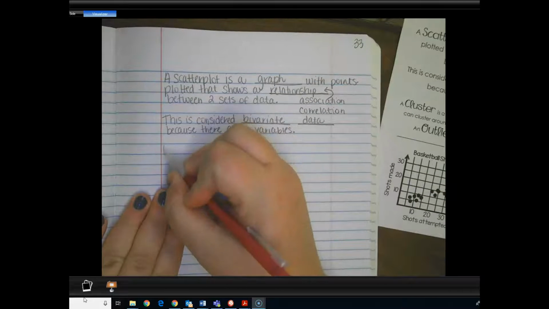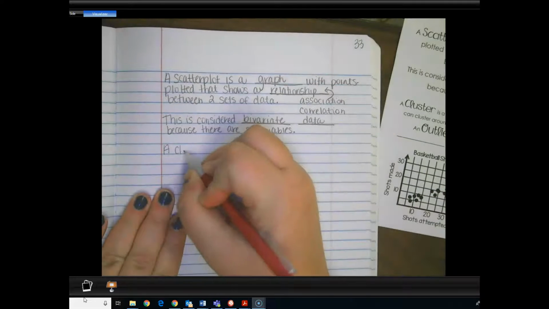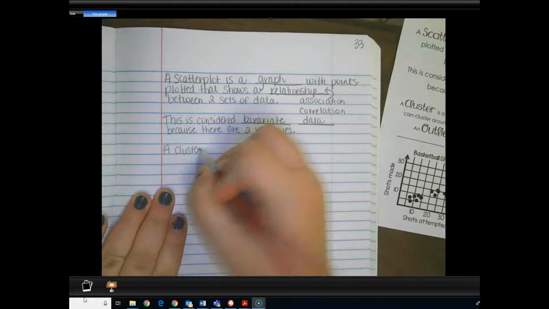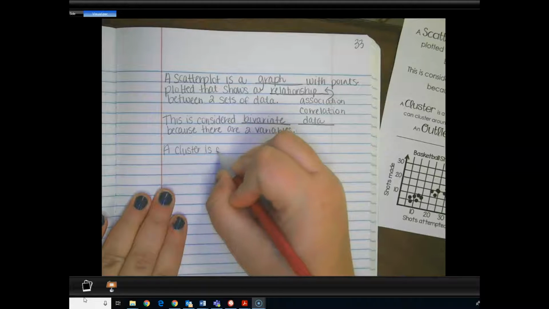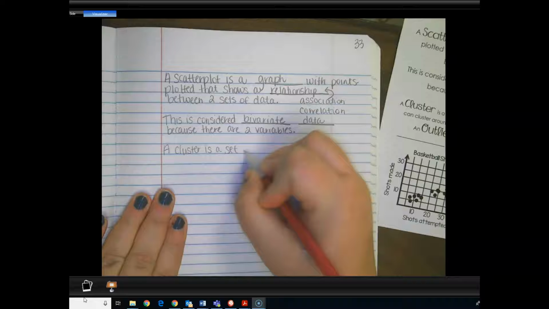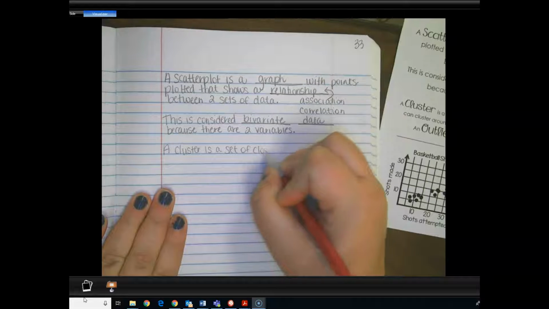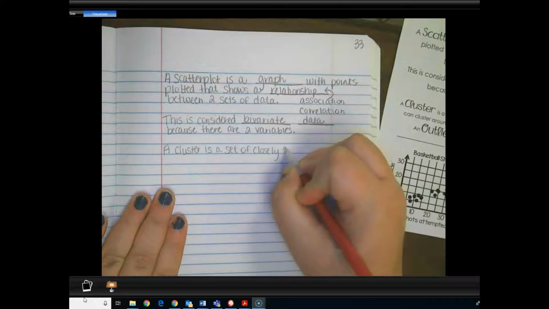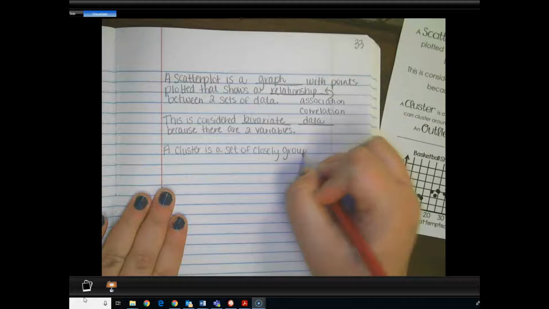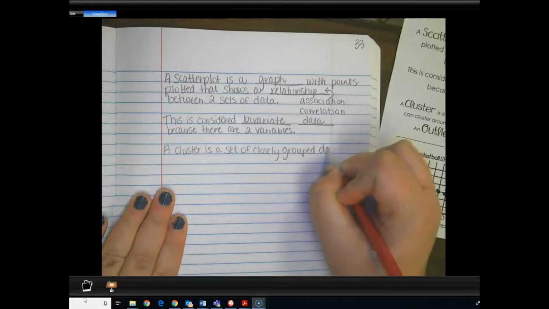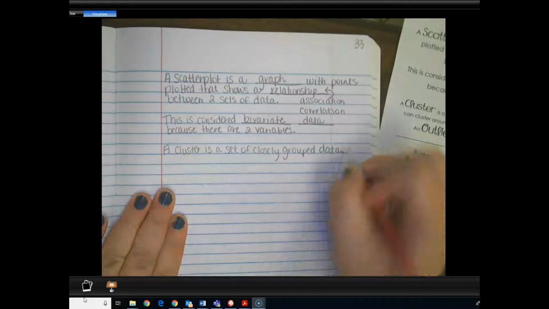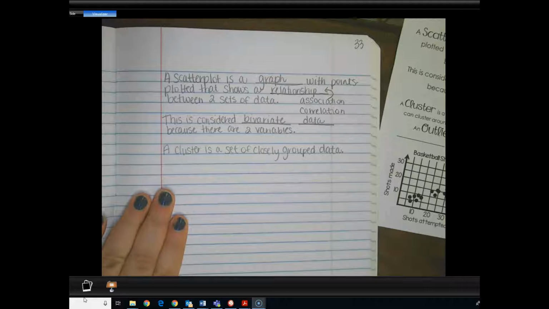A cluster is a set of closely grouped data. A cluster is a set of closely grouped data.